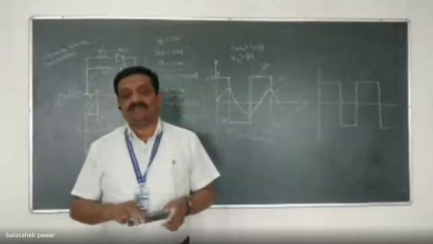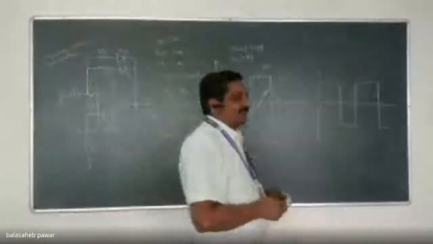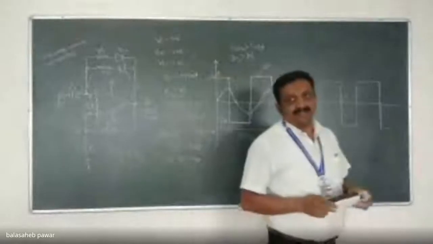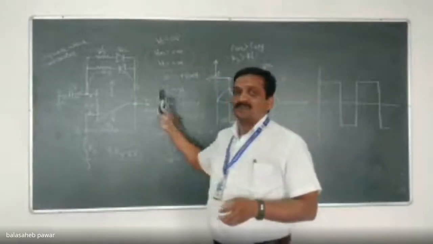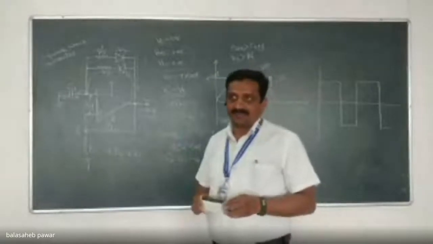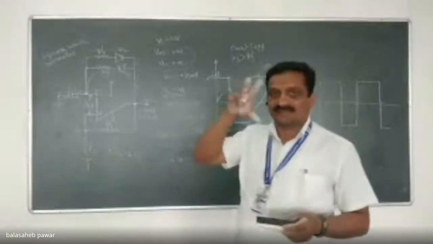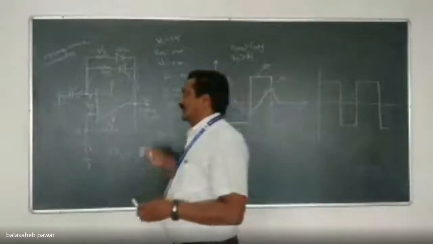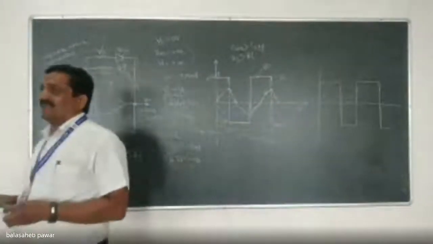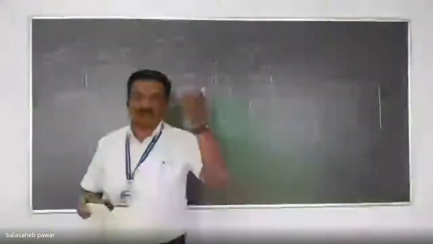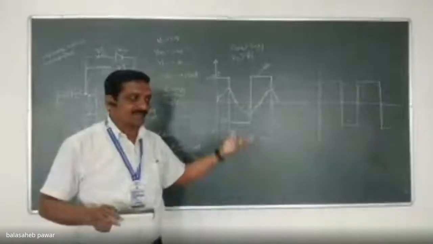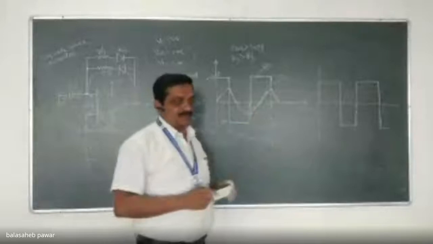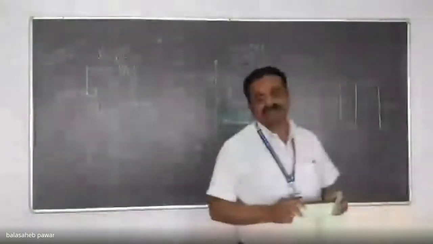Or if the input signal frequency of that integrator is greater than FB, then attenuation of that triangular wave takes place. It remains triangular, but attenuated, because the gain of that integrator goes below 0 dB, or less than 1 in absolute gain, right?